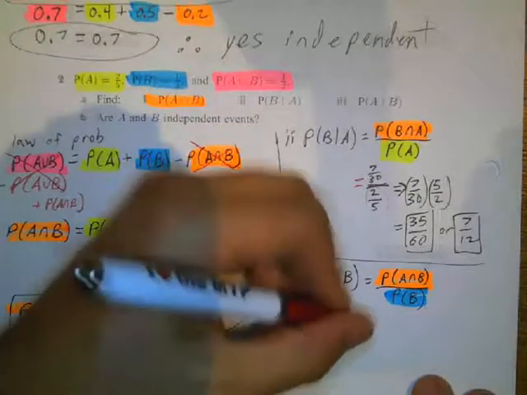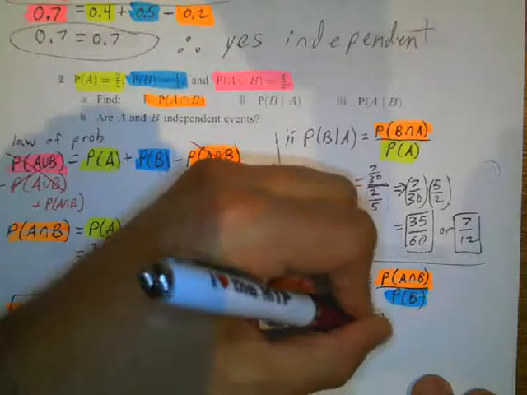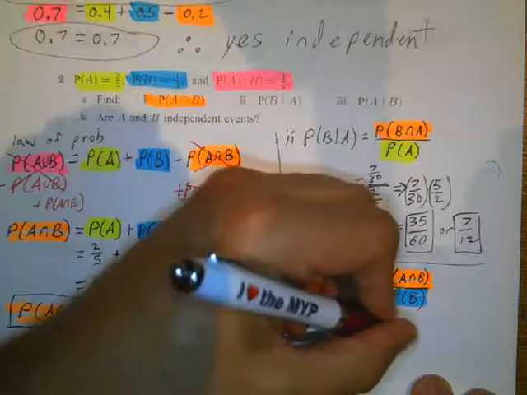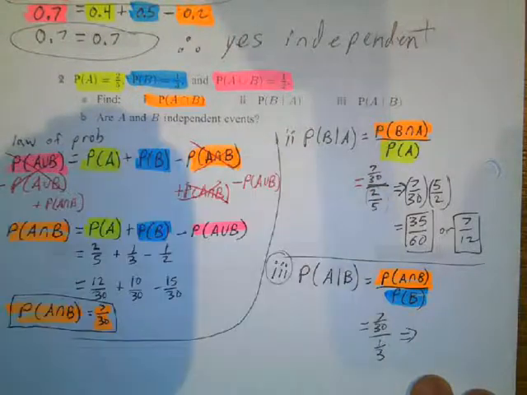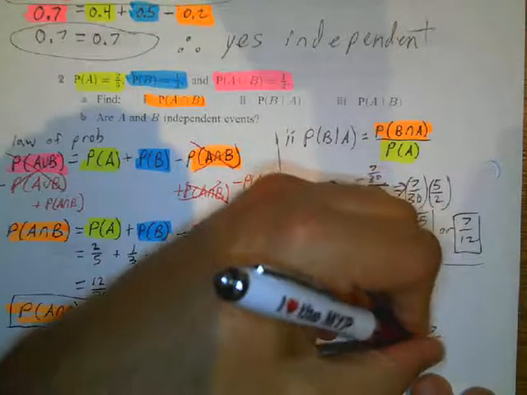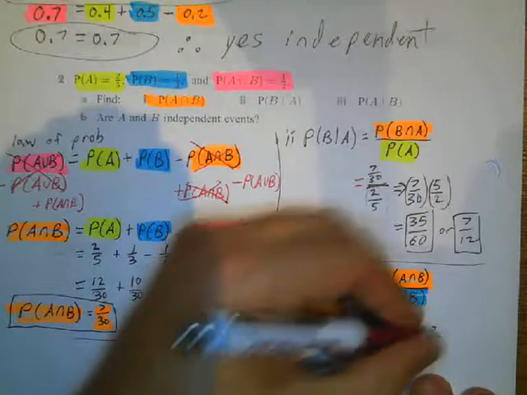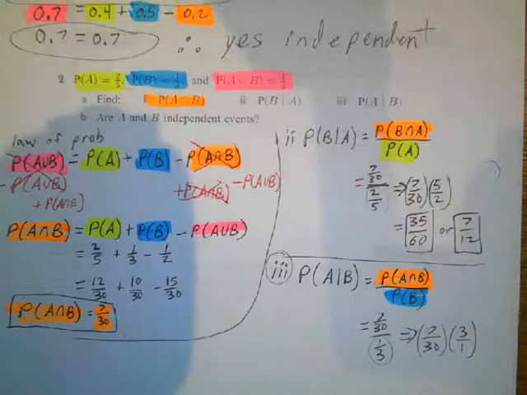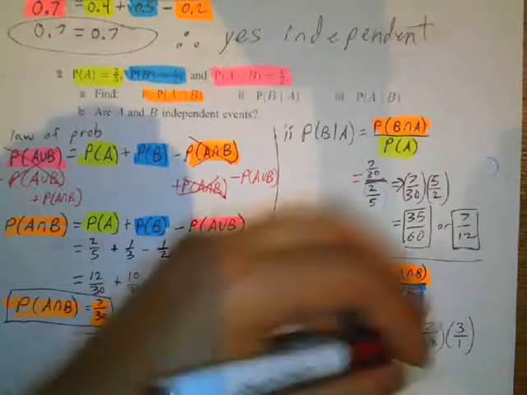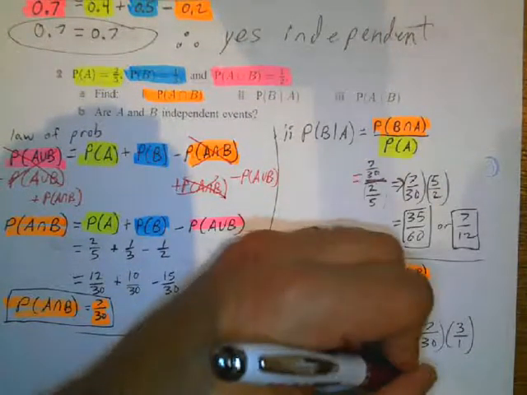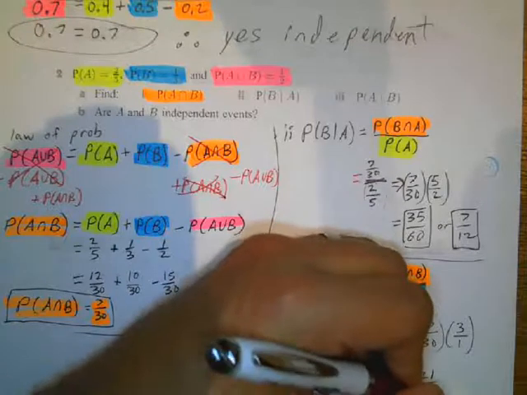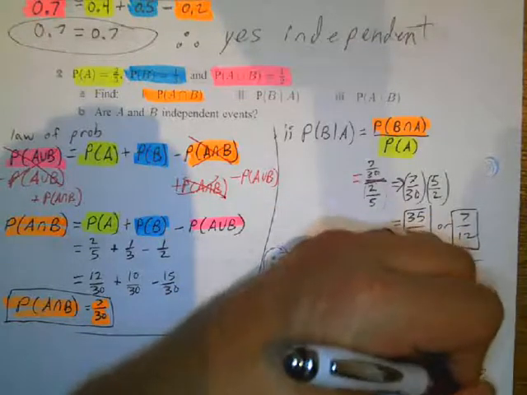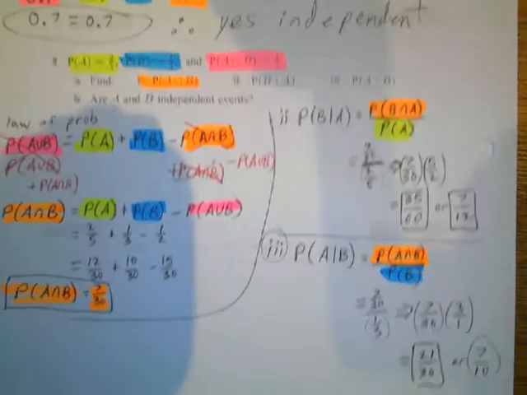We've got 7 over 30 divided by 1/3, which is going to give me 7 over 30 times the reciprocal of 1/3, which is 3 over 1. And then we end up with, this is equal to 21 over 30, or we can simplify that to 7 over 10. I will accept either answer.